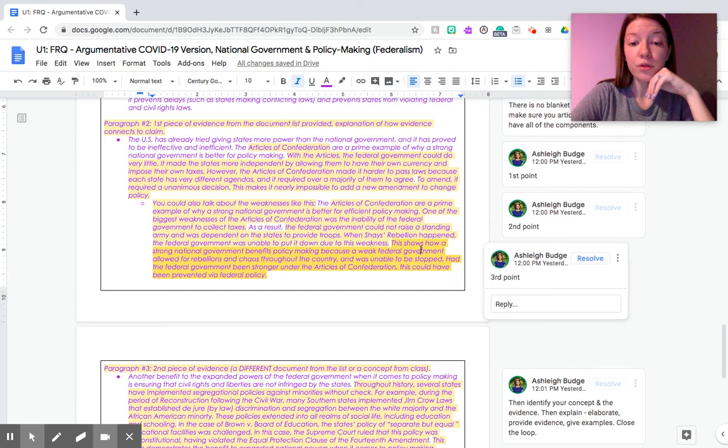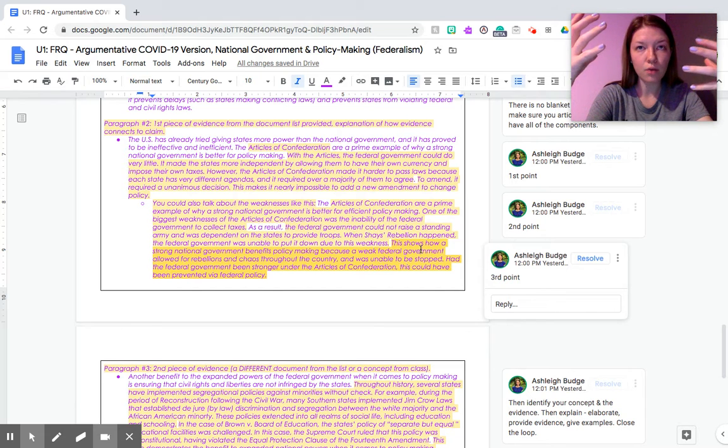Okay. Point 3 comes from this. This shows how a strong national government benefits policymaking, because I think that's a good strategy to use, right? Restating your claim to kind of introduce your reasoning, I think will help you think through it a little bit better.